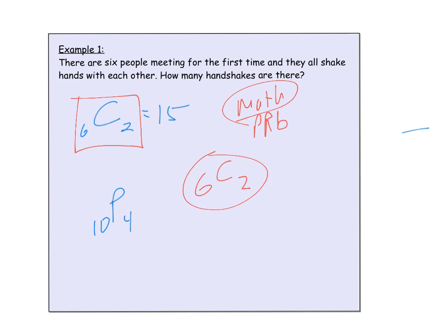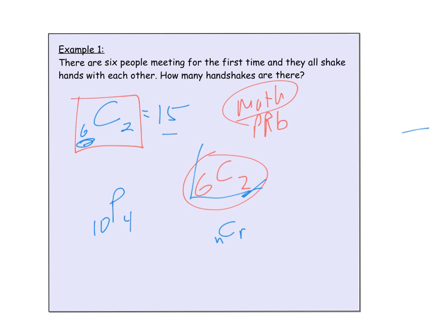And if you're using those TI-30s, there should be a PRB button there, and you'd type in your number 6 first, then hit the PRB button and choose the combination button, nCr, and then plug in the 2 last, and you should get the same thing, 15. So whatever calculator you're using for that.